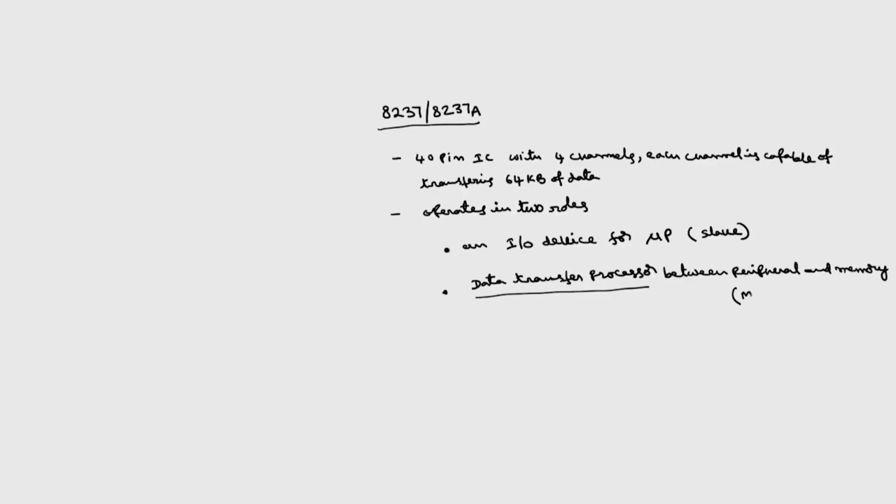In the second role, this DMA controller will act as a master. This is called master mode. So this DMA controller can operate in two roles: as a slave in case of IO data transfer, and as a data transfer processor in case of DMA data transfer.